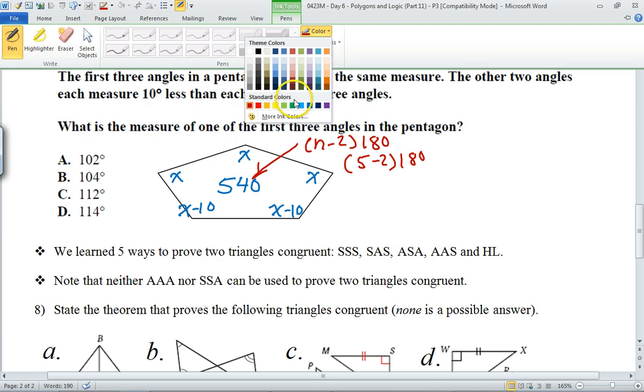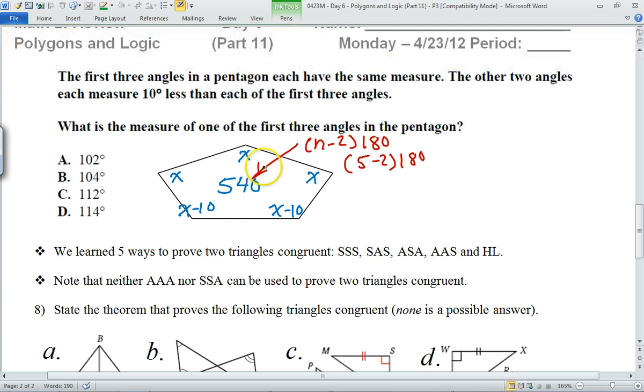Let's just add everything up. Look at the x's. X, x, x, x, x. How many x's do I have going around the sides here? A total of 5, including the ones that are part of the x minus 10s. I'm combining like terms, so I have 5x.